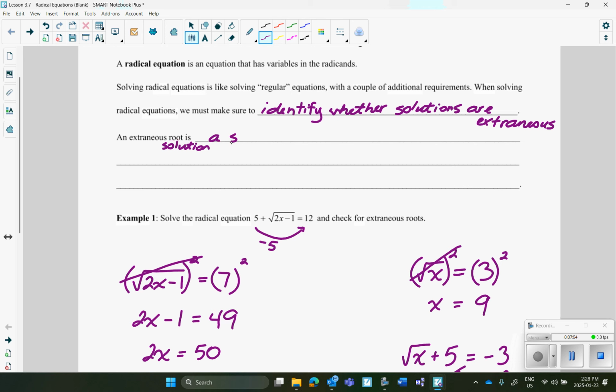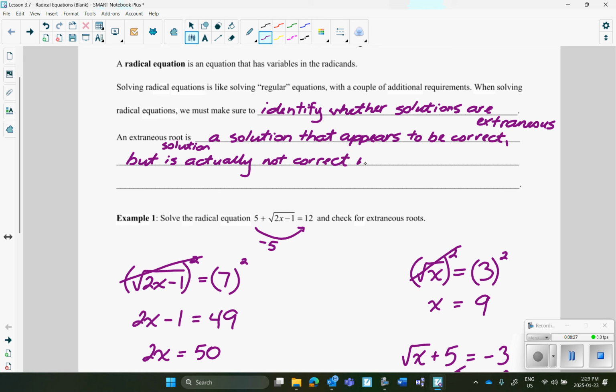An extraneous root is a solution that appears to be correct, but is actually not correct when we substitute it back into the original equation.